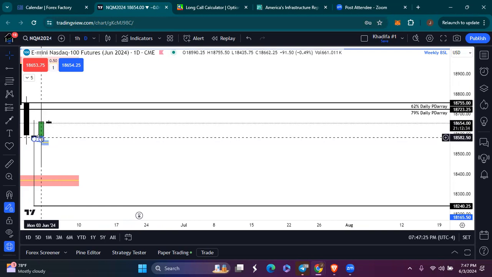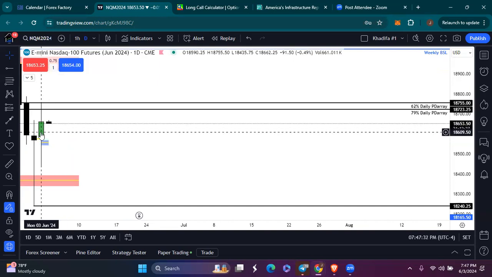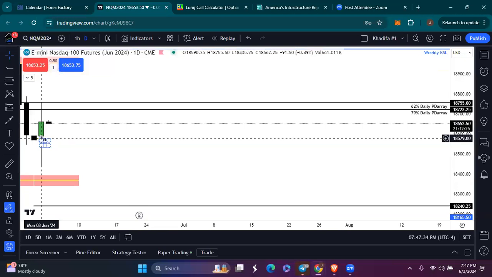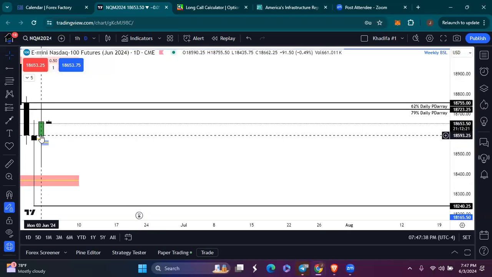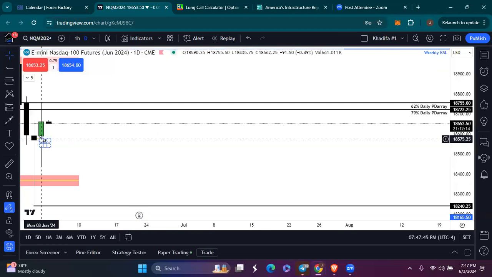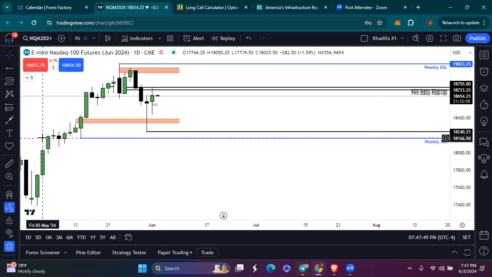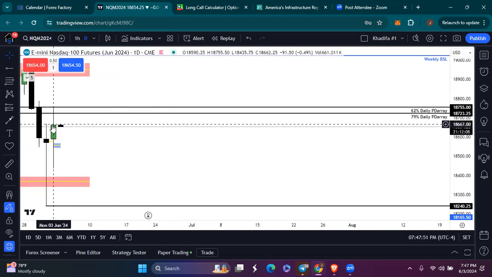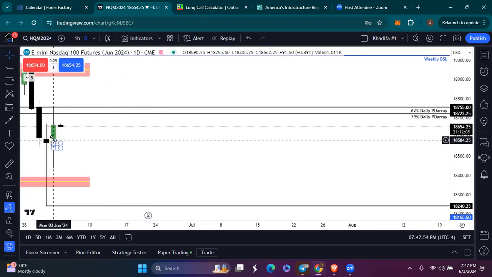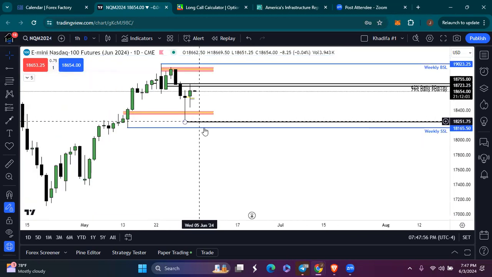I don't want to see price close below this bullish candle. Yeah, we can pull down into the discount level of this candle, but I do not want to see us break and close below the opening of this candle. I said close, but I meant the opening, right? I don't want to see price break and close below the opening of today's candle for NQ. Want to see us respect this green candle, this bullish candle, and continue to push higher.